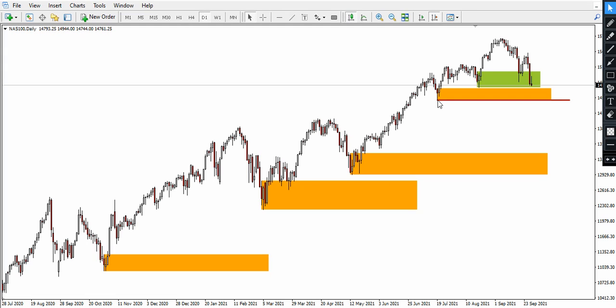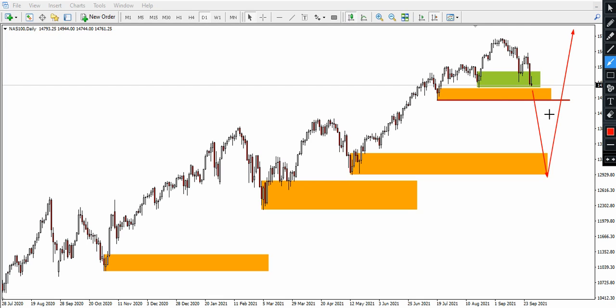Only if it breaks this zone here, then NASDAQ will be bearish for some time, and I'm definitely sure that NASDAQ will come all the way down here, and then after that it will push up again, going high, forming the new highs again.